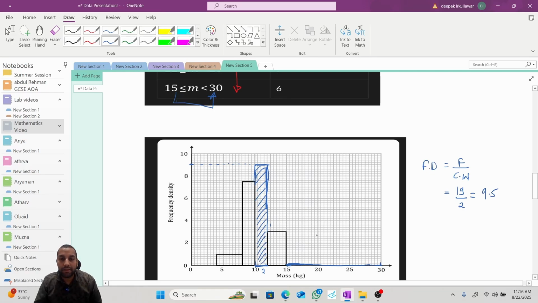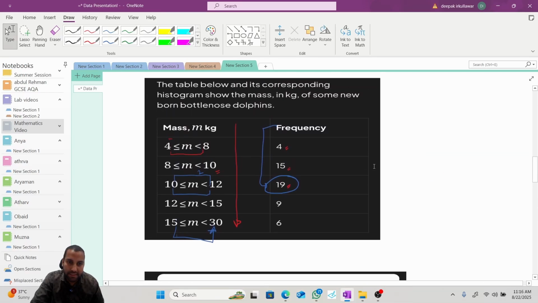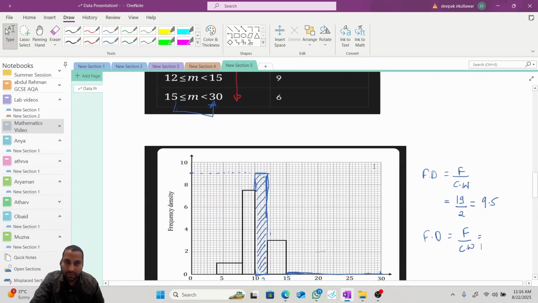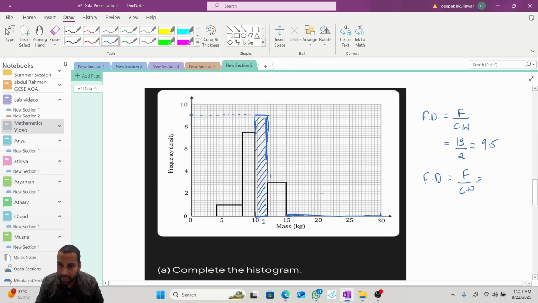Similarly, there is one more thing which is missing, this side. So what would be the frequency density for that? That would be again frequency by class width. How much is the frequency for the last one? See, the frequency is 6, and the class width is 15. So 6 over 15, which will give me 0.4. So this one block is 0.2, and this would become 0.4. 2 blocks will give me 0.4.